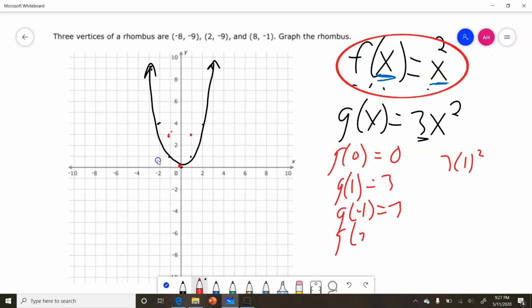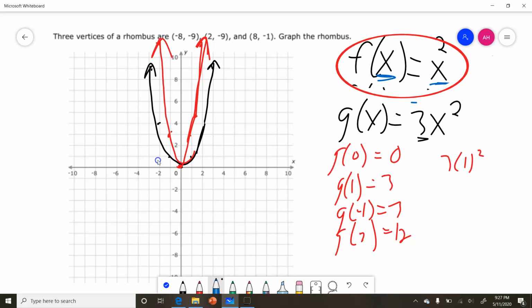Then if I do 2, I'm going to have 2 squared, which is 4, times 3 is 12. So at 2, I'm all the way up here, and at negative 2, I'm all the way up here. So this red line is going to represent that. You can see the red line is different.